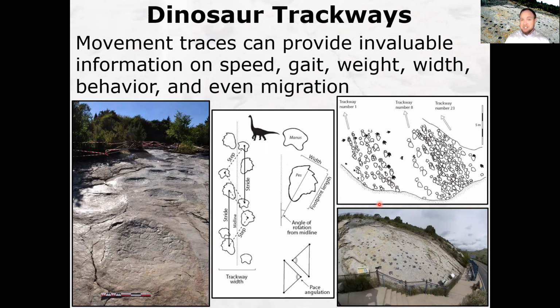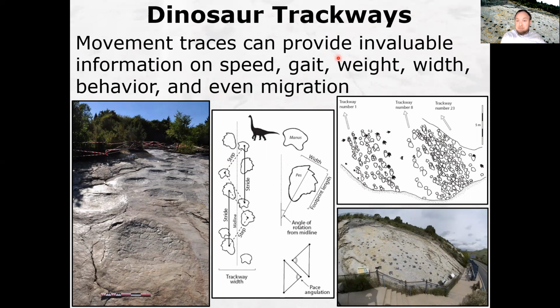So these movement traces can provide really valuable information on speed, on gait, how the animal is walking, on weight, so body mass. Again, when we're looking at just the skeletal remains, there's a little bit of uncertainty as to how muscled the organism was, how much fat was on the organism, how much air was in the body cavity, how much it was empty space.